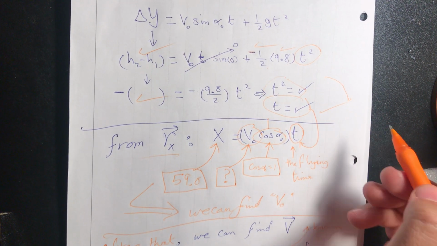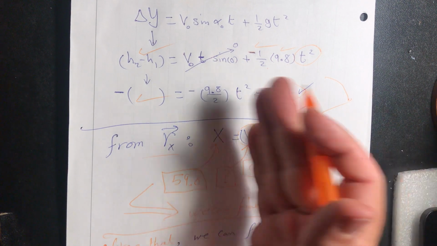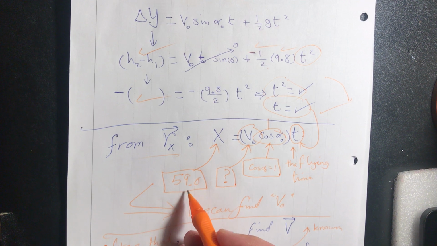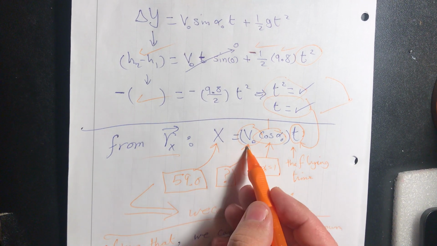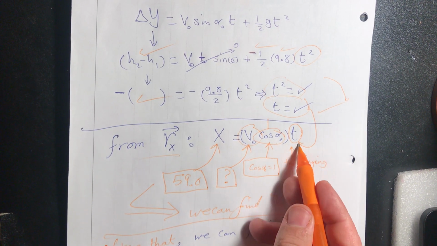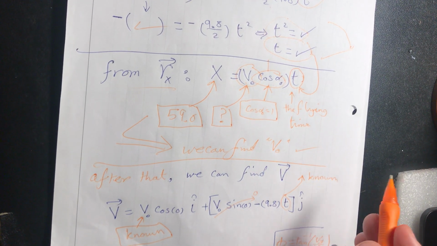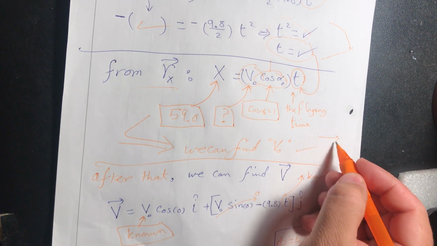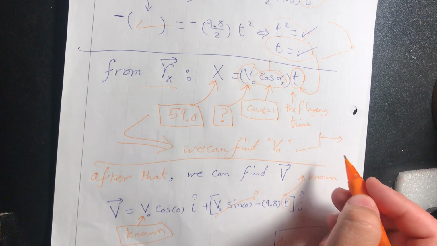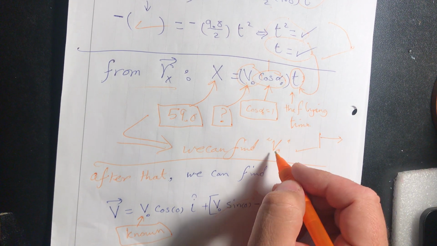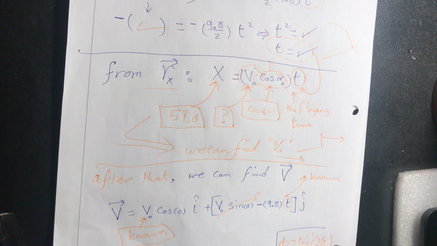X is the river width, which is known, 59 meters. V naught we need to compute, so we can find v naught, which is the same v naught for all our motion, which is horizontal. We don't have v naught in the x or y direction, it is just in the x direction.